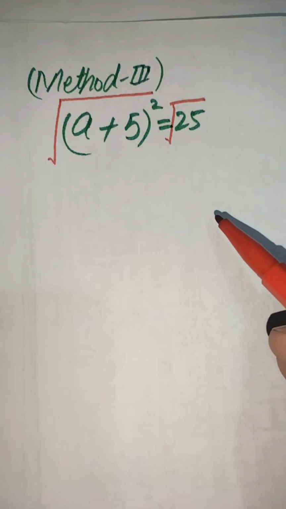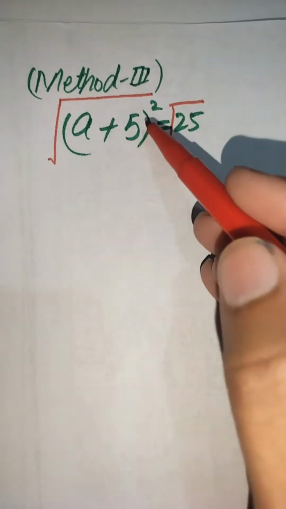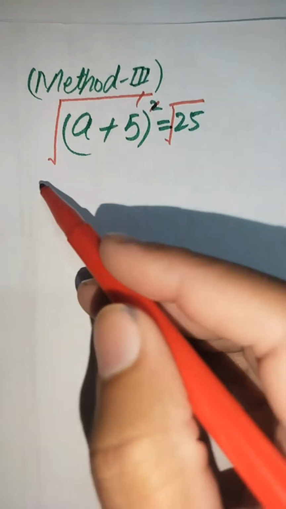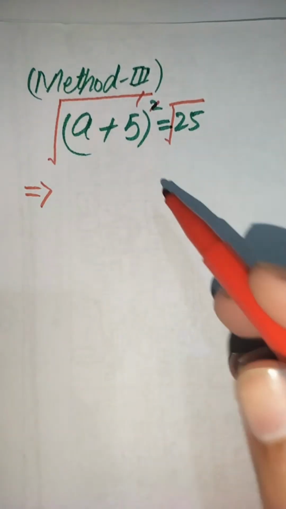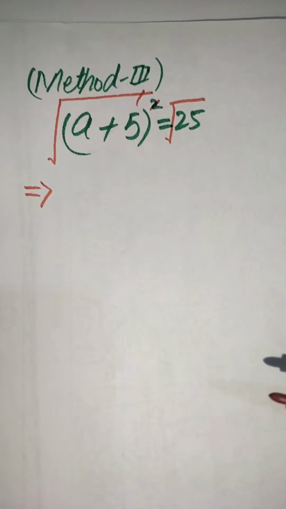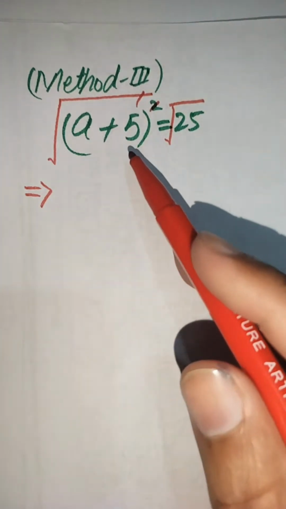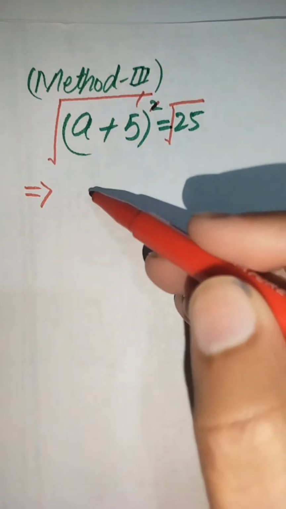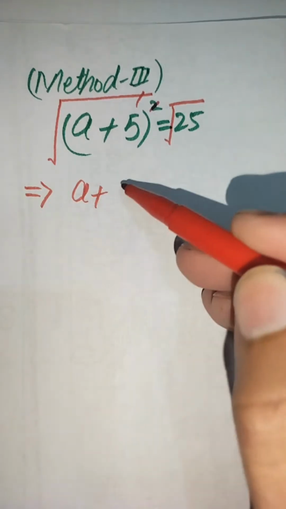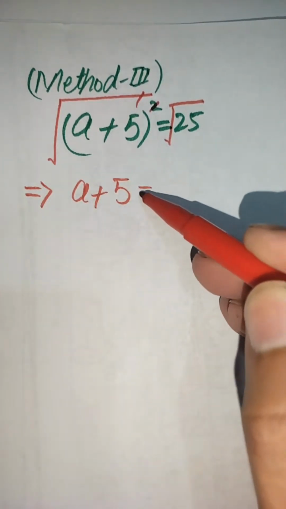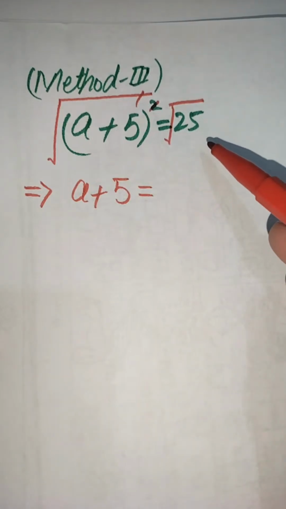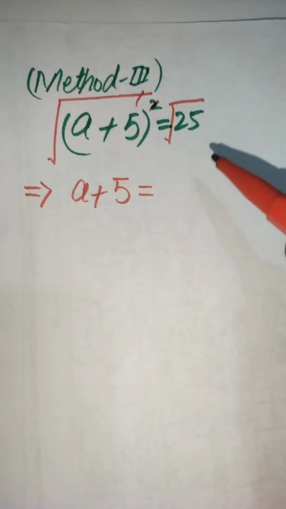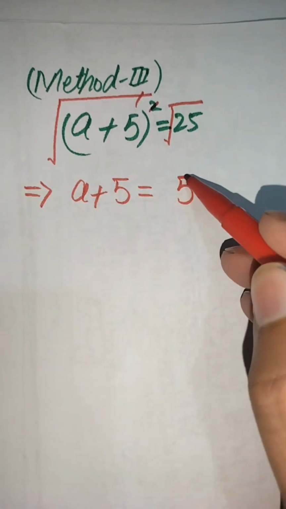Now you see, the square and the square root cancel out each other, and after cancellation we get a plus 5 equals, and on the right hand side we know that the square root of 25 is equal to 5.